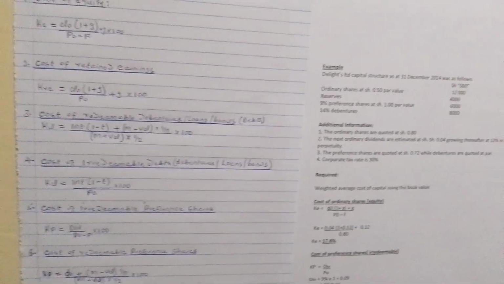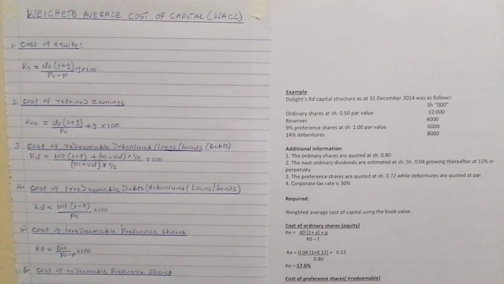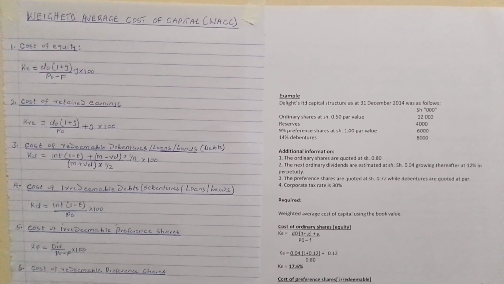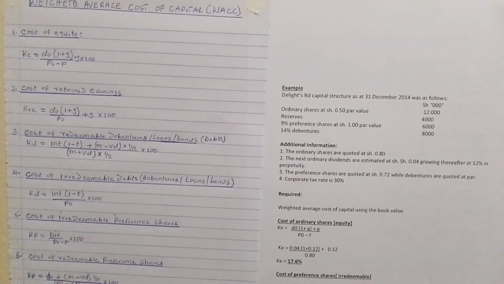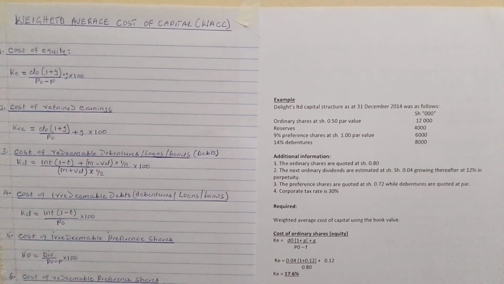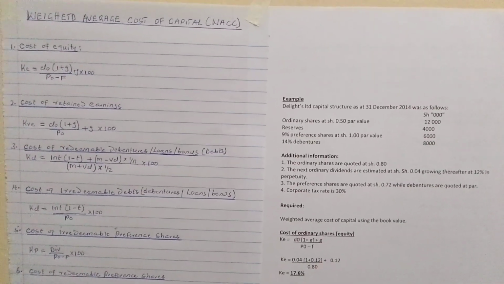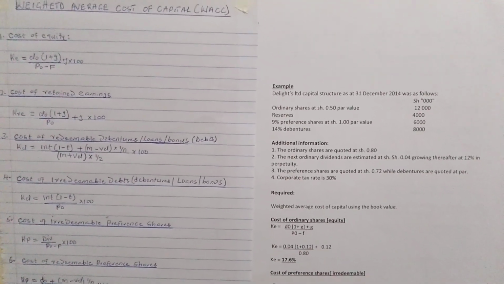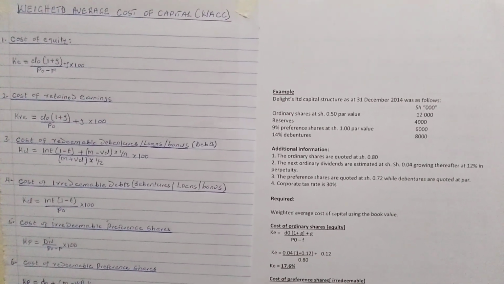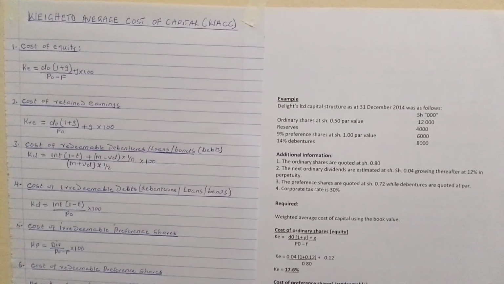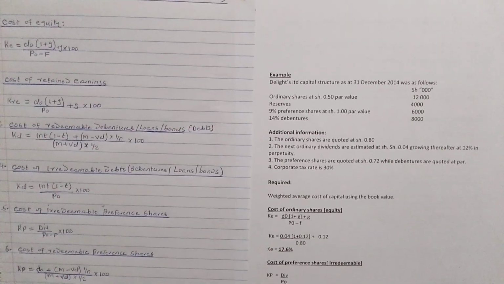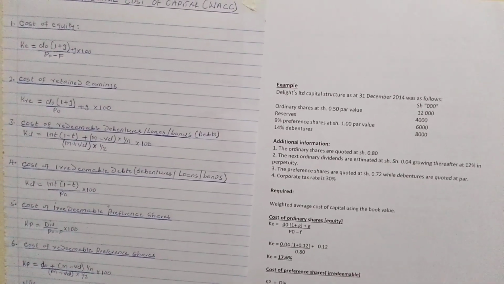Another important thing that we should note before we continue is that you can be told to calculate WACC using market values or using book values. If you have been told to use book values, you are being told to consider the values as per the statement of financial position, or what is in the balance sheet, as some of you refer to it. You look at the information provided there.